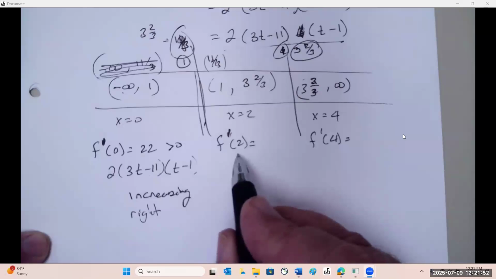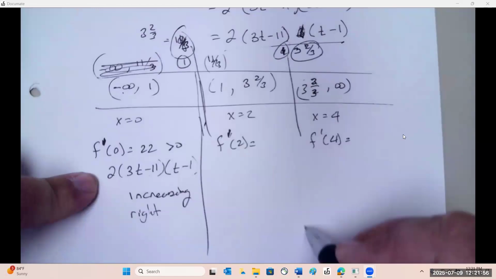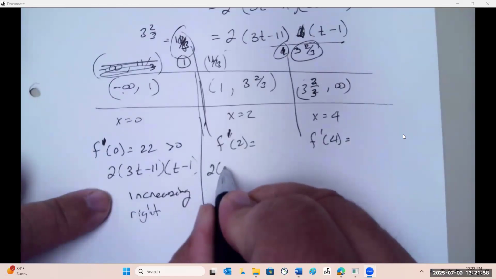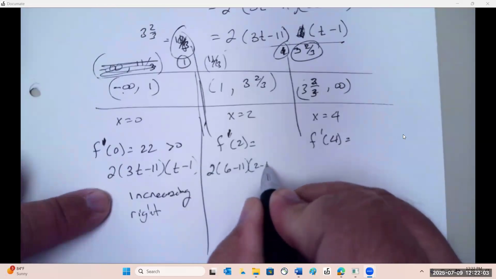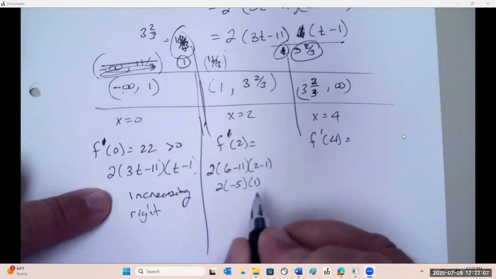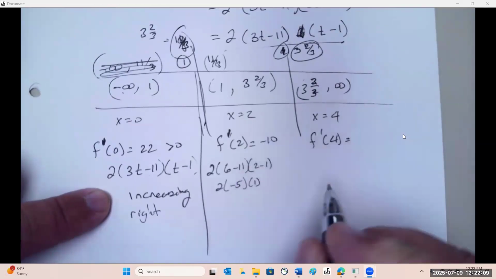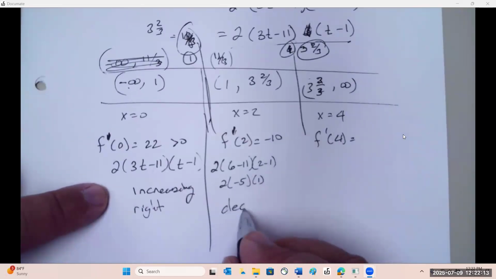At 2, when I plug in 2 inside there, I get 2 times 6 minus 11, 2 minus 1. So we have 2 times negative 5 times 1 makes it negative 10. Since it's going negative, it's decreasing to the left.